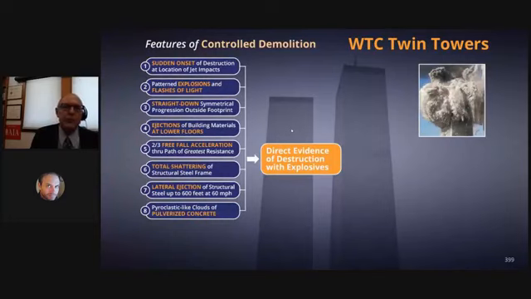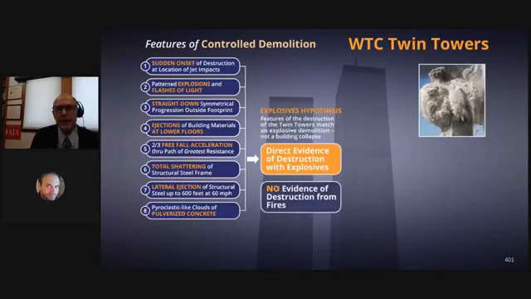So what we're seeing so far is 8 key features, some very uncharacteristic features too, of controlled demolition. This is direct evidence of destruction with explosives.